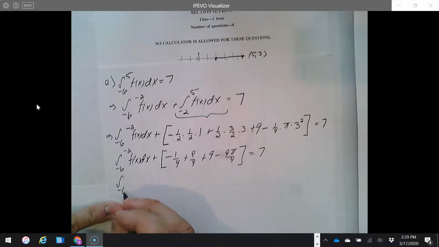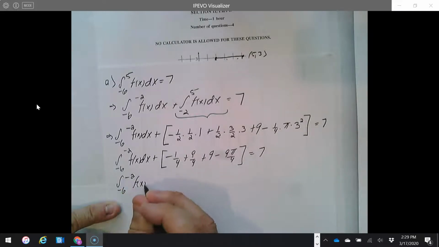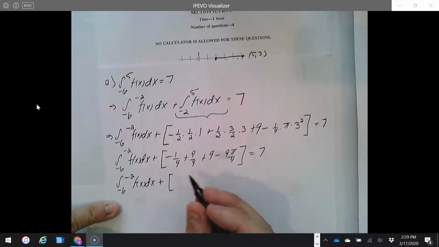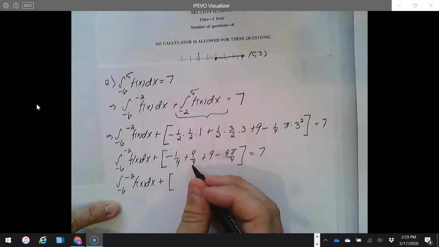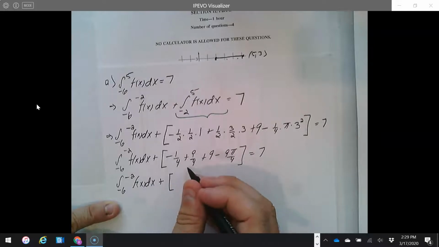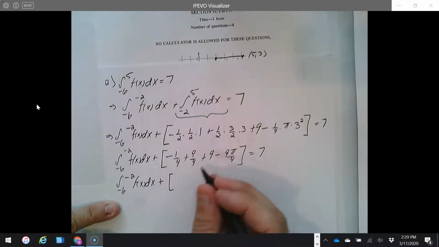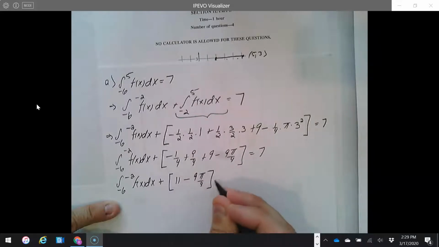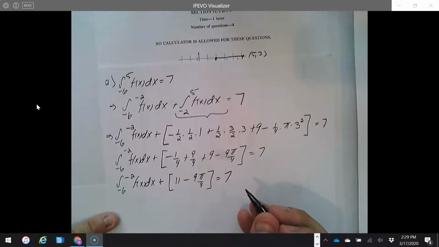Okay. The integral from -6 to -2 of f of x with respect to x, plus inside here, -1/4 plus 9/4, that's going to be 8/4. 8/4 is 2, plus 9 is 11, minus 9 pi over 4 is equal to 7.